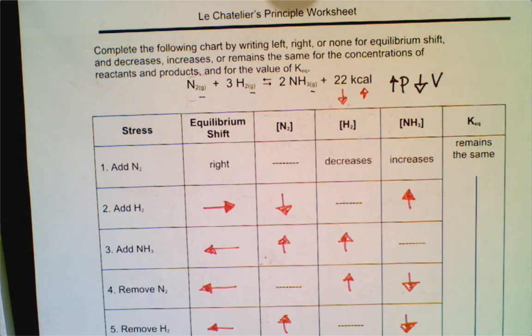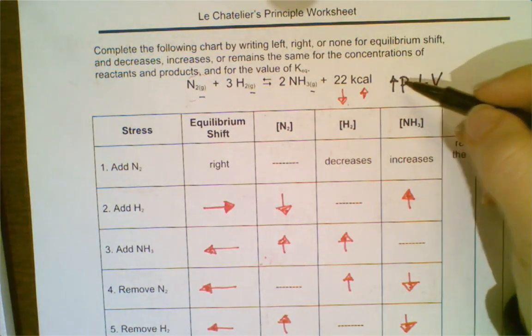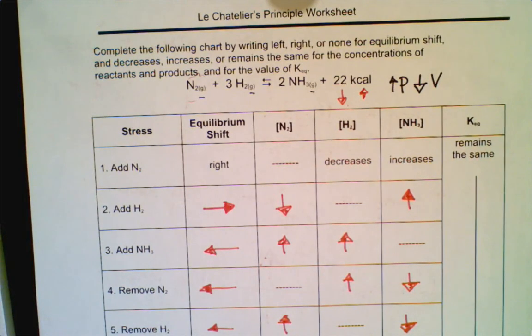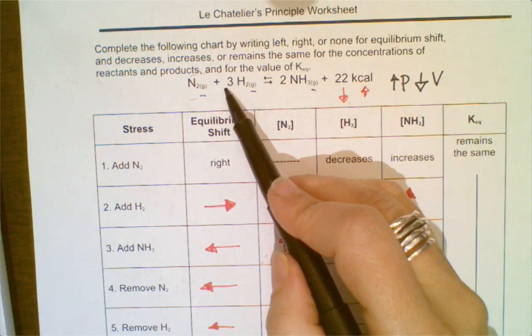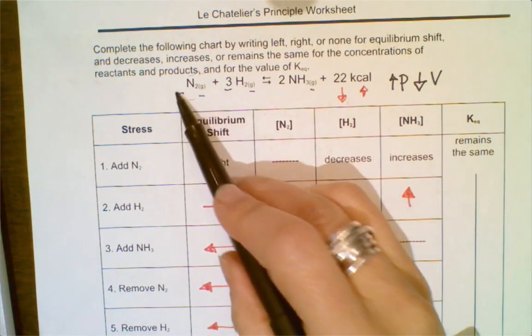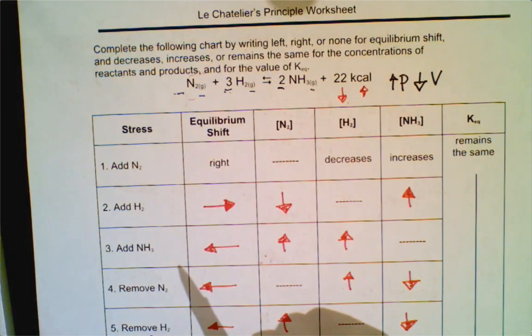So if we increase pressure, we want to shift to the side where we alleviate pressure. That means we want fewer collisions happening and fewer moles of gas. So remember, pressure only affects gases. In this case, when I look towards the left, I have 4 moles of gas, and on the right, I have 2 moles of gas.